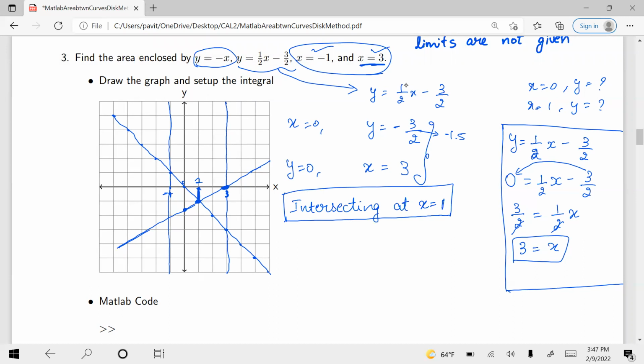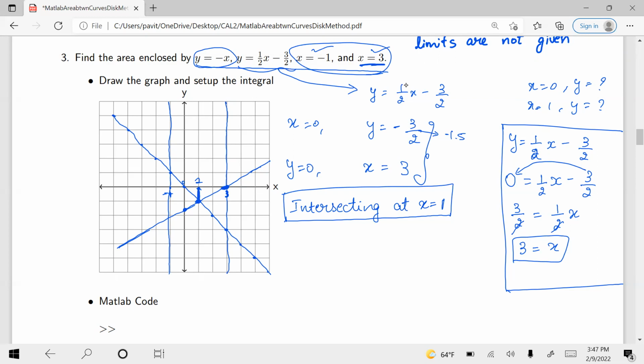So first part, when you're doing the graph, you have to plot all the functions given here. Got it? Now, if you're getting confused in the entire thing and you do not know the shape of the graph, you can always use MATLAB. I will teach you how to do this in MATLAB as well.